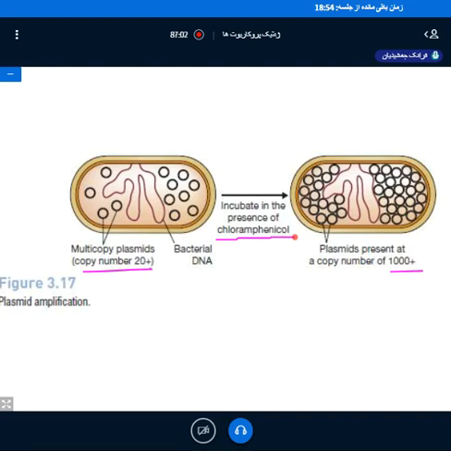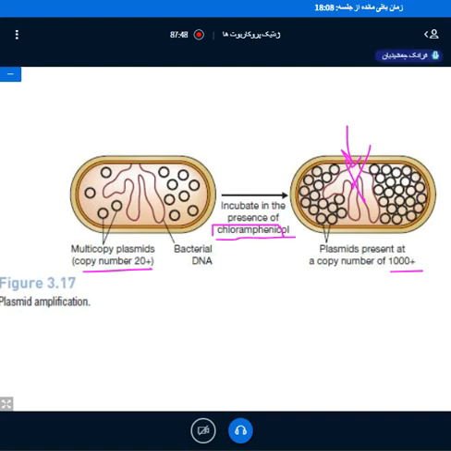What does an antibiotic do? The antibiotic doesn't let the bacteria amplify. Yes, it inhibits bacterial amplification. So, if we add some chloramphenicol, the chromosome of the bacteria doesn't amplify, but the plasmids do.